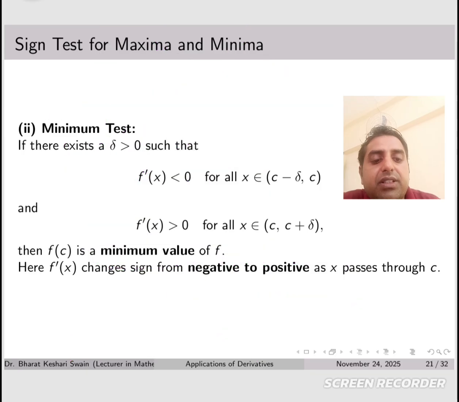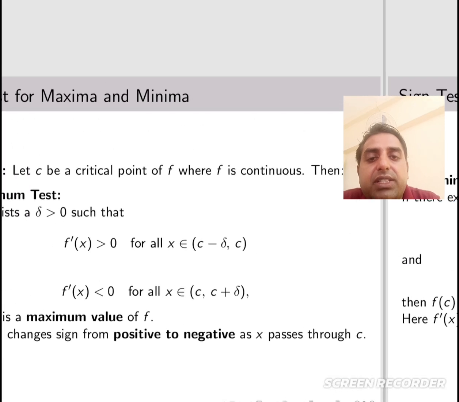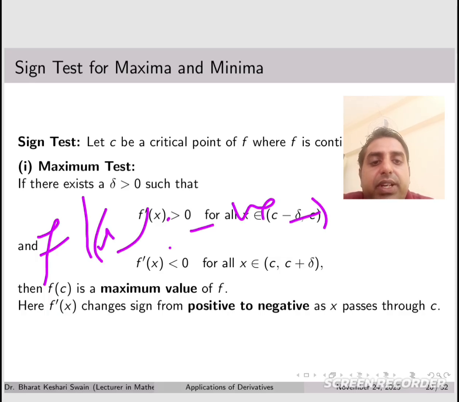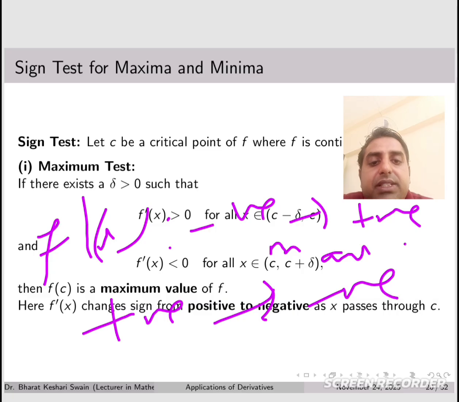Okay, so what did we get? If f dash x changes its sign from positive to negative, then it is the case of maximum, and if f dash x changes its sign from negative to positive, this is the case of minimum.